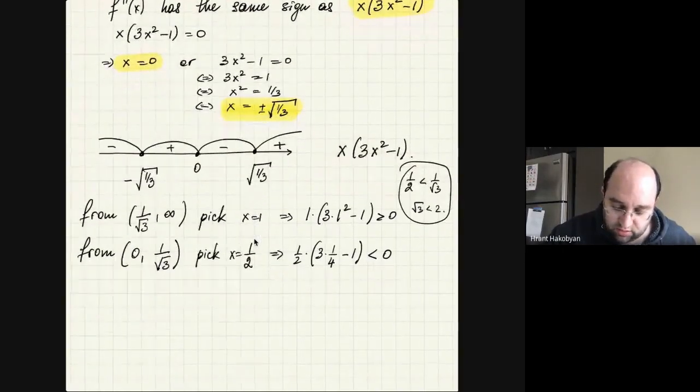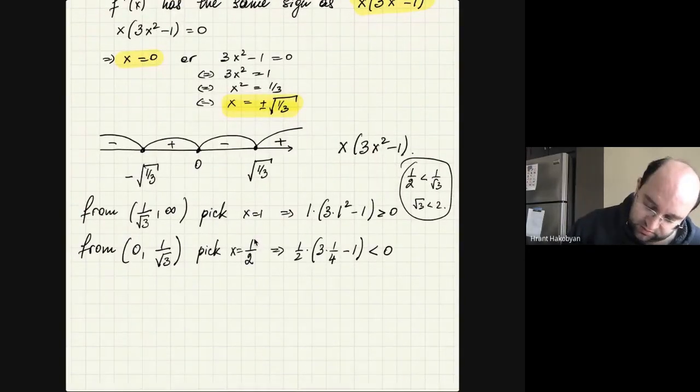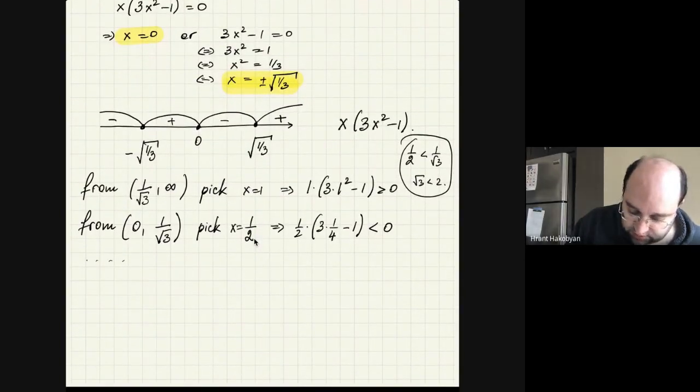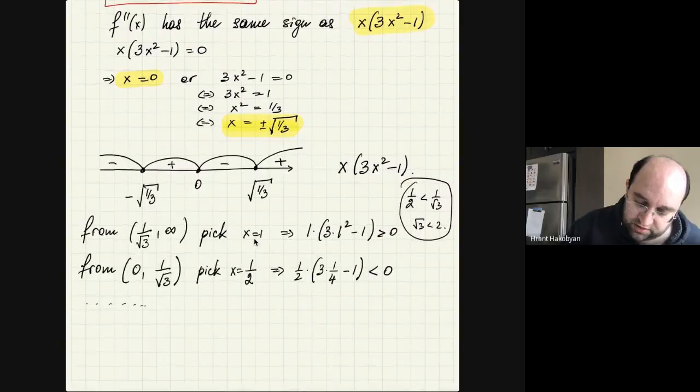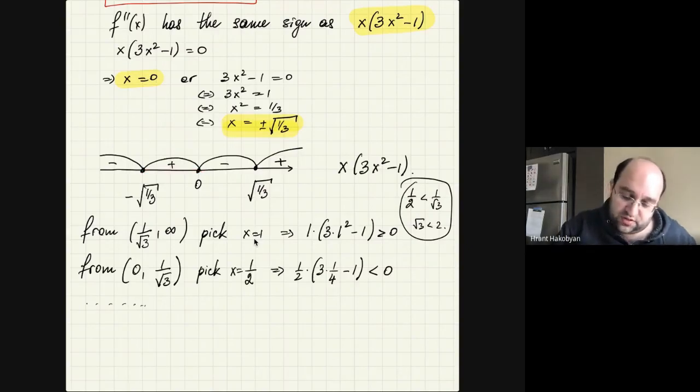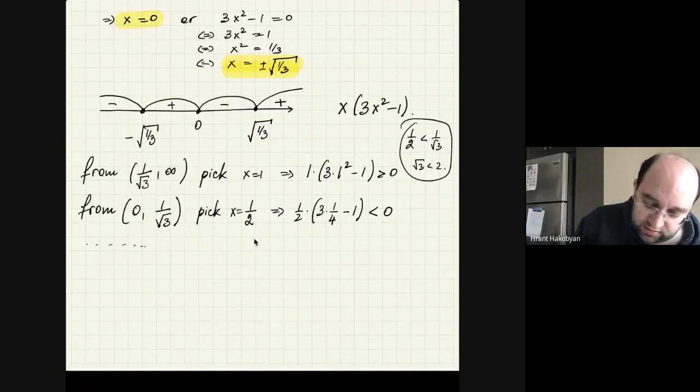Okay, so I'm not going to write it down, but it's the same thing. You pick these numbers and you get that. So what you get is that your function is concave up in the intervals negative 1 over root 3 to 0, and 1 over root 3 to infinity, and concave down in the other intervals. Okay, so let's write that down.